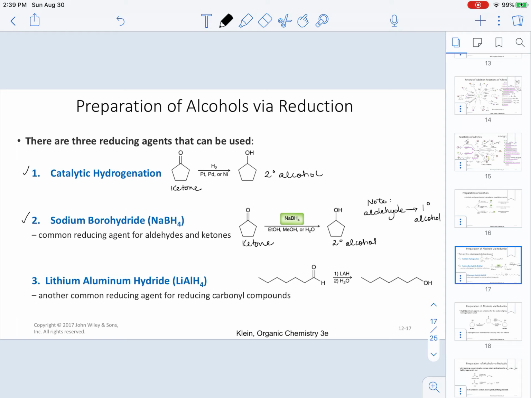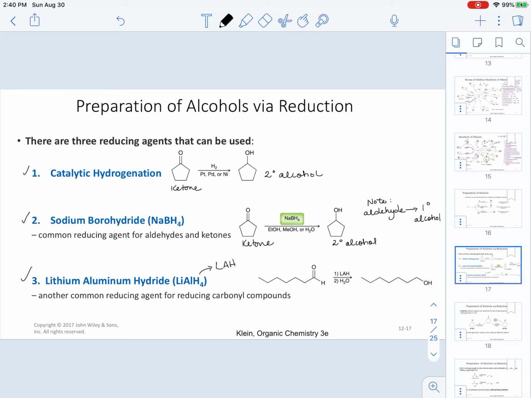The last type of reducing reagent that we have is aluminum hydride. Sometimes aluminum hydride is illustrated as LAH. So again, this is lithium aluminum hydride. Now, that is another common reducing reagent for carbonyl groups.